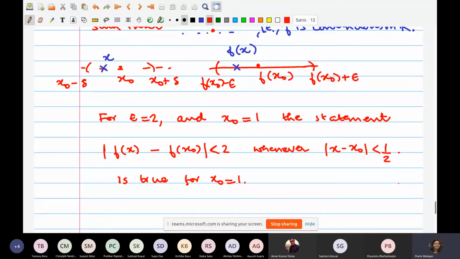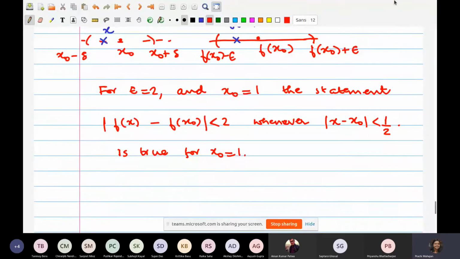So what does it mean? This means that I am looking at x naught, and x naught is 1. If I take delta to be half, that means that I am looking at the interval 1 by 2 and 3 by 2, right? And f of x naught is again 1, right?